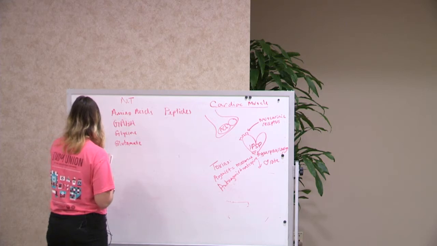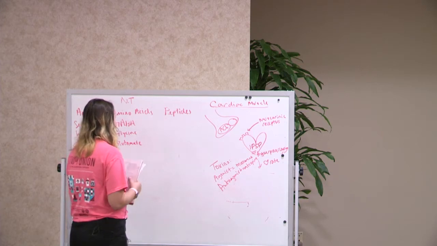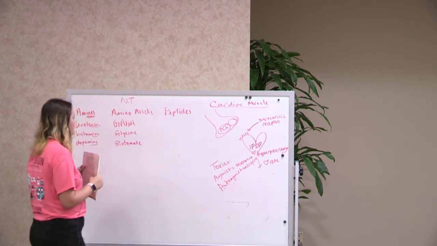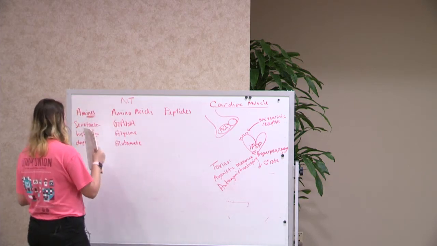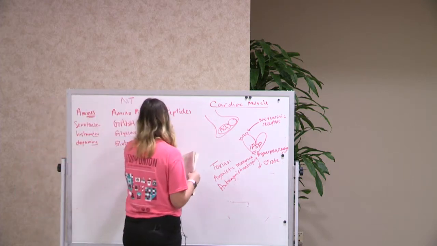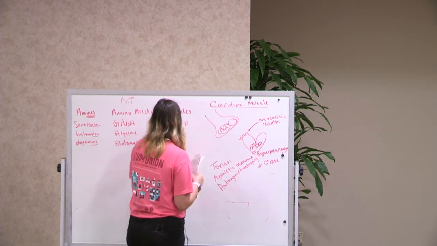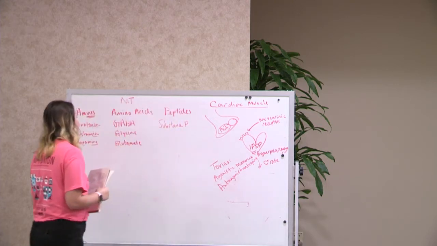Serotonin. Okay. Peptides is everything else. So if you see a neurotransmitter, it doesn't start with a G and it doesn't end with an E, then most likely it's a peptide. The only one I know off the top of my head is substance P. But we don't really talk about peptides too much.